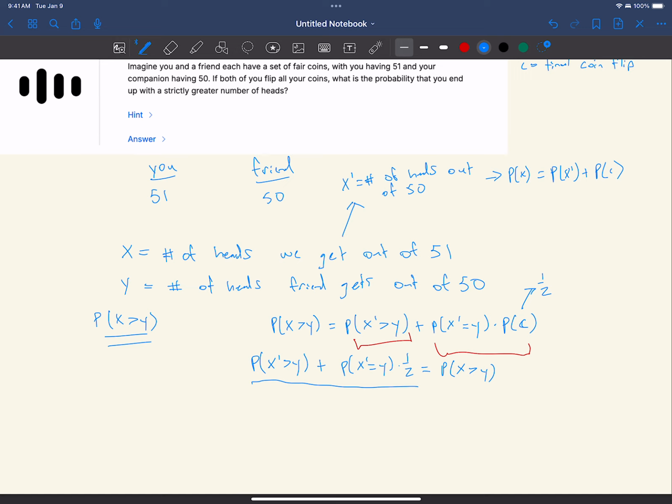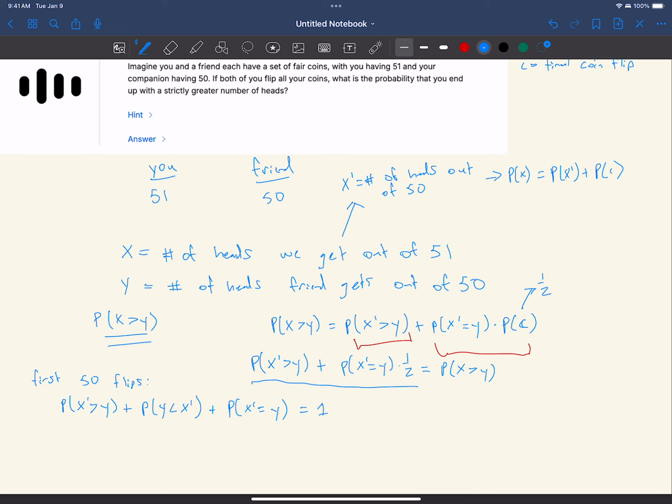When we compare x prime and y, three things can happen: either in the first 50 flips we get more heads than our opponent, our opponent gets more heads than we do, or we get the same number of heads as our opponent. These are the only possibilities, so the probability that one of these three events happens is one.